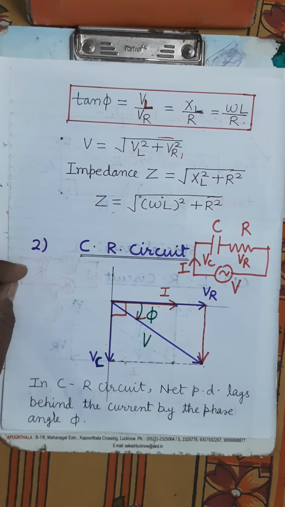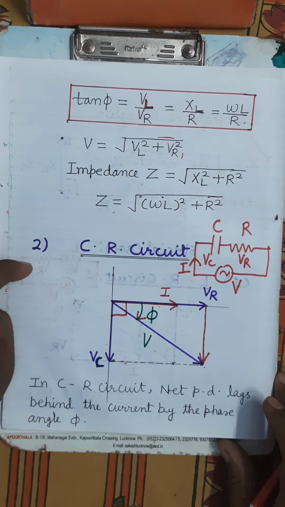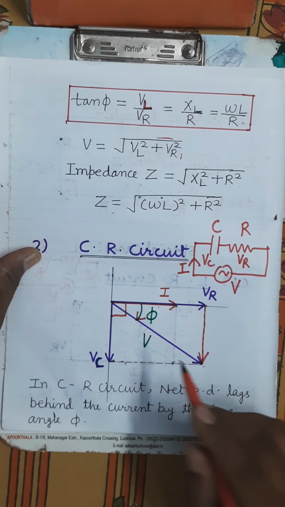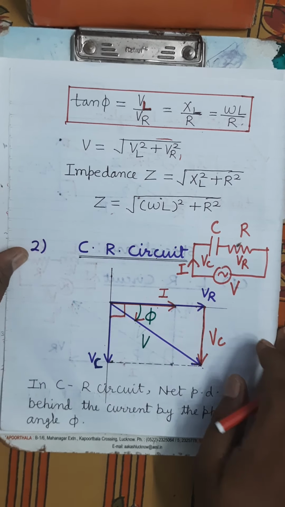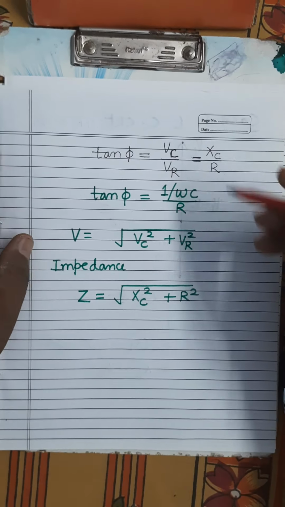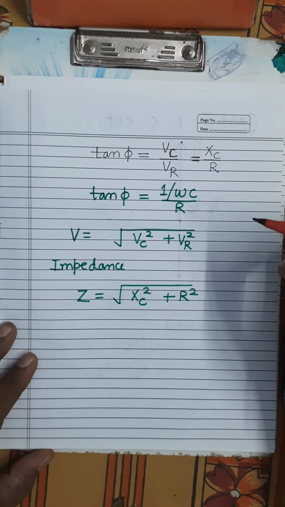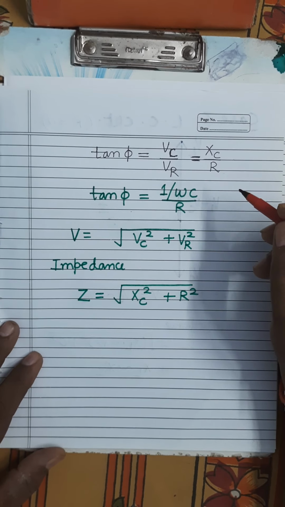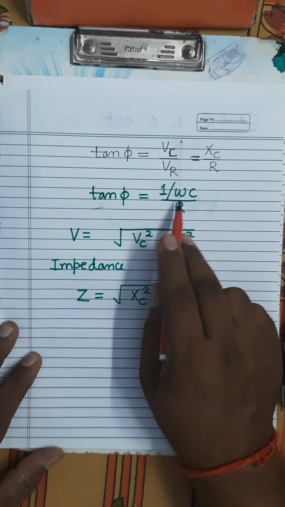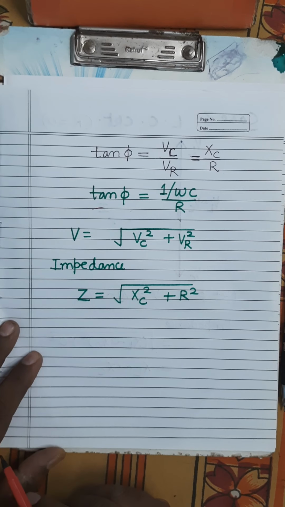If it is in the anti-clockwise direction from the current phasor, then leading. So tan phi will be equal to VC upon VR, that is XC upon R. What is XC? 1 upon omega C. So tan phi equals 1 upon omega C, whole divided by R.